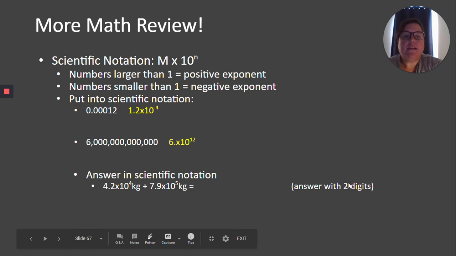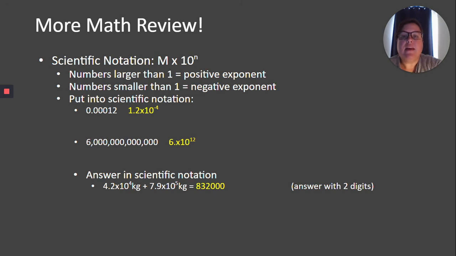Now here we want the answer to be written with 2 digits. So this is how our calculator gives us the answer. We only want 2 digits though, so we're going to keep the 8 and the 3. And so we could replace the 2 with a 0, or we could write this in scientific notation and say that it is 8.3 times 10 to the 5th.